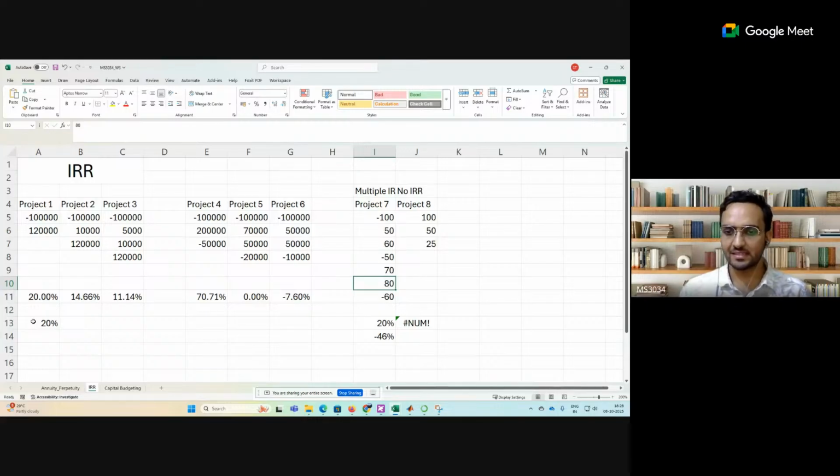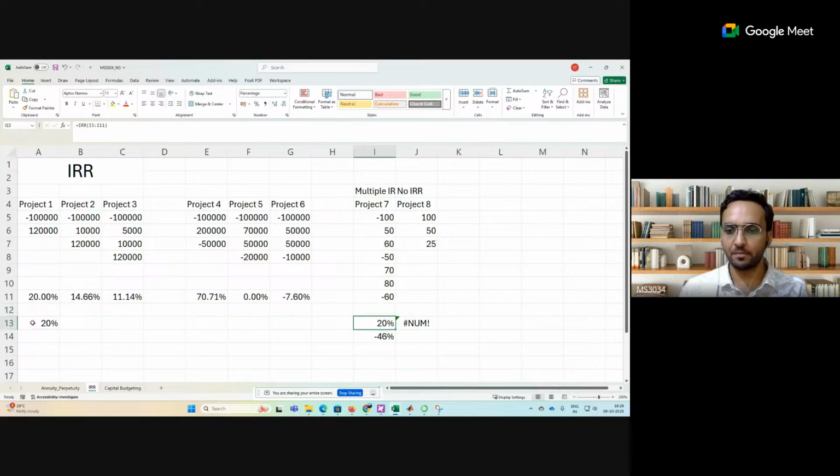In this case, you can have multiple solutions to your polynomial, and you can find multiple roots, and through that you can find different IRRs. So if there are multiple IRRs, how can we get different values of IRR for a simple cash flow?